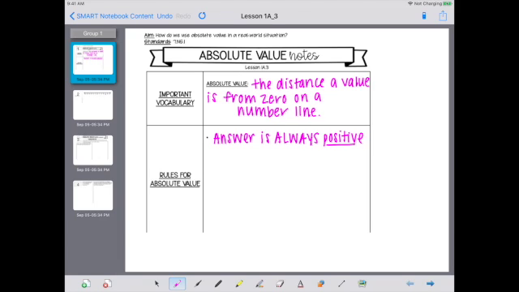Okay, your symbol for absolute value is going to be 2 straight lines. So you have 2 lines that surround the value. The way you would say the expression, let's say we have this, would be the absolute value of -4.